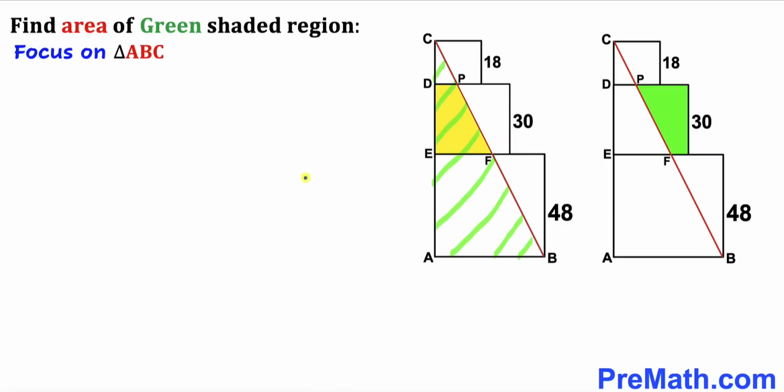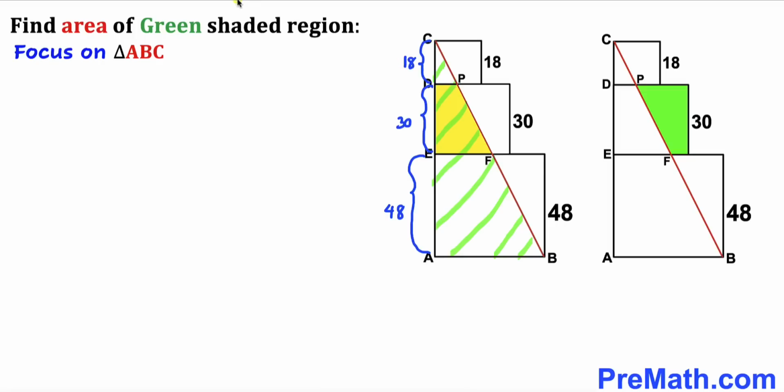And here's our next step. Let's focus on this bigger triangle ABC. We know the side length of this large square is 48, this medium square is 30, and finally this one, the small one, is 18.